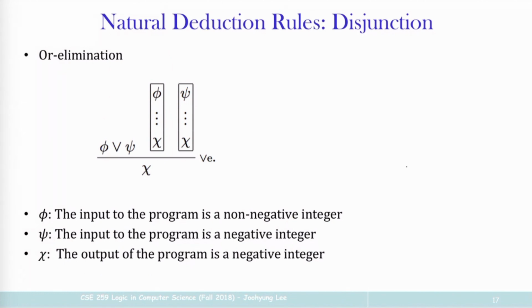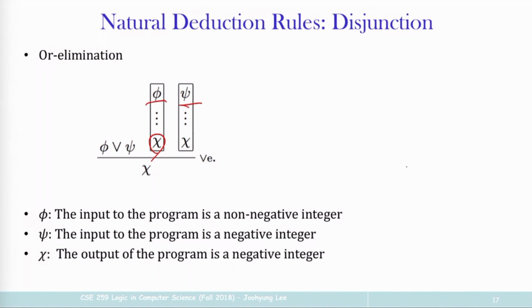From this, what can you conclude about this program? Assuming that the input is always an integer, what can you conclude about the output? The output is always a negative integer. That's what you can conclude, right? It does not actually matter whether the input was non-negative or negative, because in this box, when the input was a non-negative integer, we derive the output to be negative.